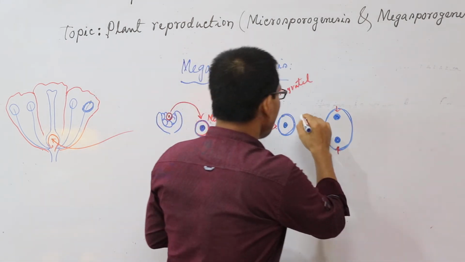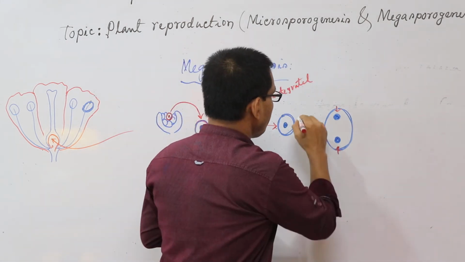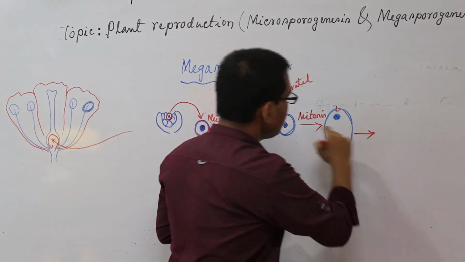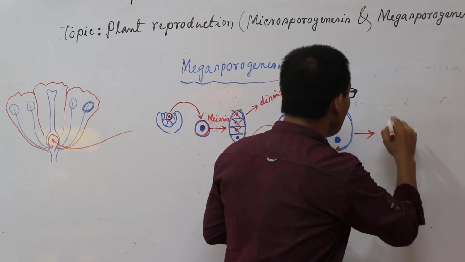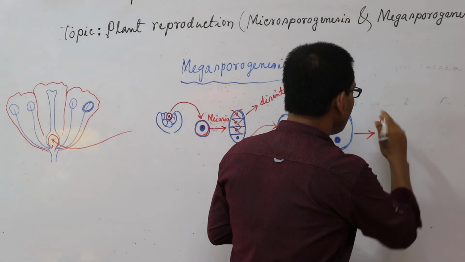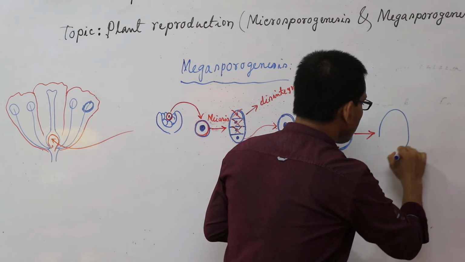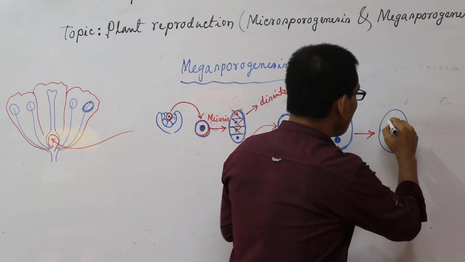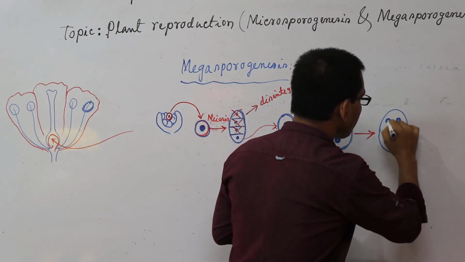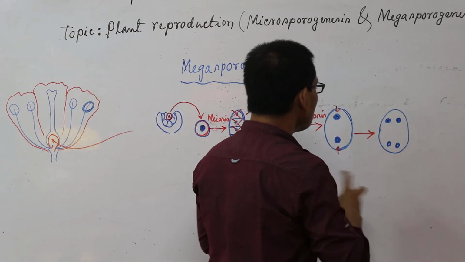Now it is mitosis. Again, these two nuclei divide to form four nuclei by the process of mitosis.